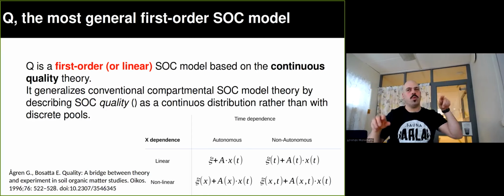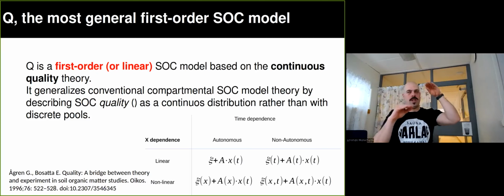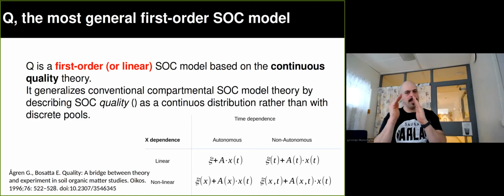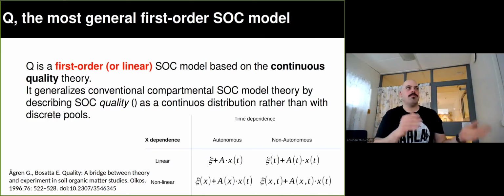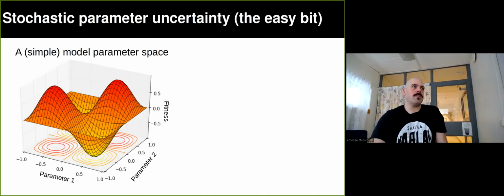It has one continuous distribution of quality. And instead of simulating the changes in quality by moving material between pools, with Q you are just translating this quality distribution. So it's the most general of these linear models that I know of, because it's neutral towards the assumption that we have 3 compartments, 10 compartments, or 2 compartments. Q has all of them, but it is still a linear model.